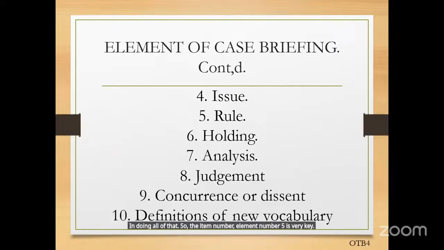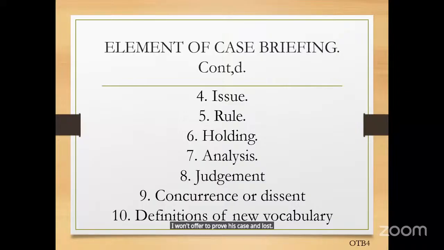The next one is the holding. Holding is what was the disposition. If the court issuing the opinion was a trial court, the result will usually be that the plaintiff either proved his case and won or failed to prove his case and lost.